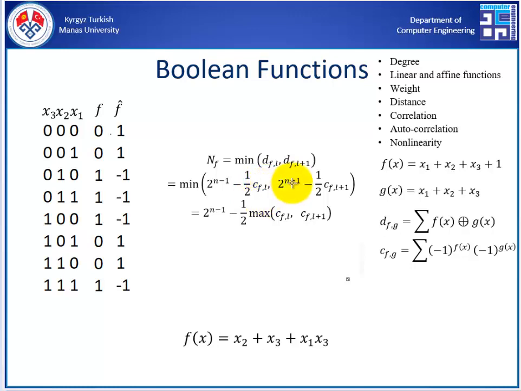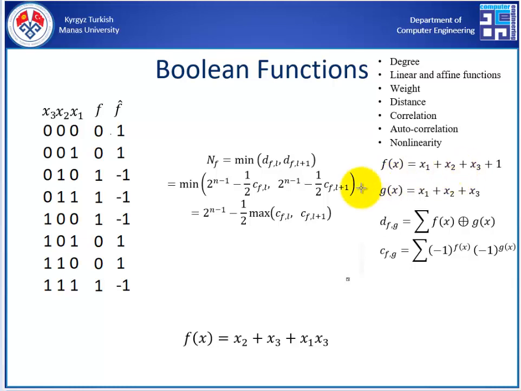If we take this 2 to the power n out of the minimum sign, we are going to have 2 to the power n minus 1 minus half of the maximal correlation between the function and linear functions, and the maximal correlation between the function and affine functions. But as I said before, the linear functions and affine functions are at the maximal distance.